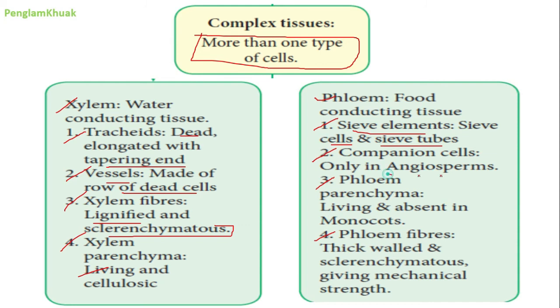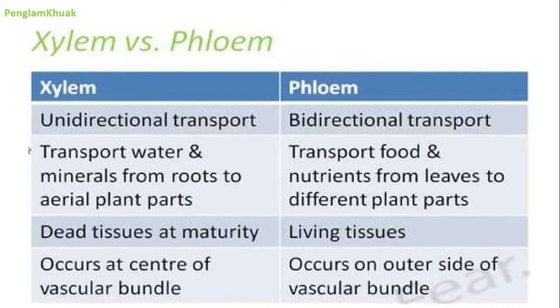Companion cells are only present in angiosperms. Phloem parenchyma are living but absent in monocot plants, like maize and the grass family. Phloem fibers have a thick wall and are sclerenchymatous, and they give mechanical support or strength to the plant. So that is the activity of phloem fiber.